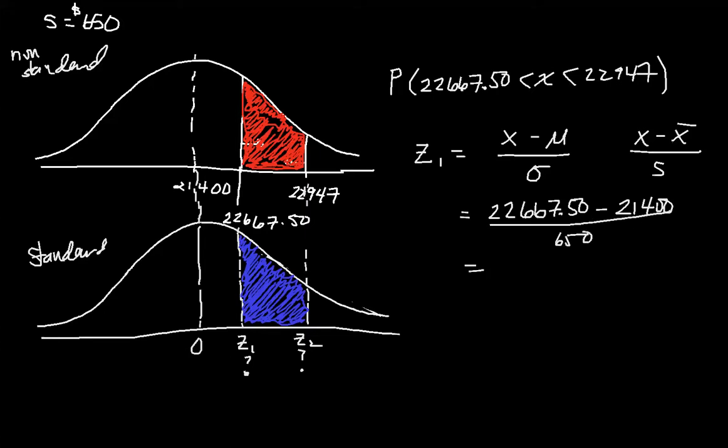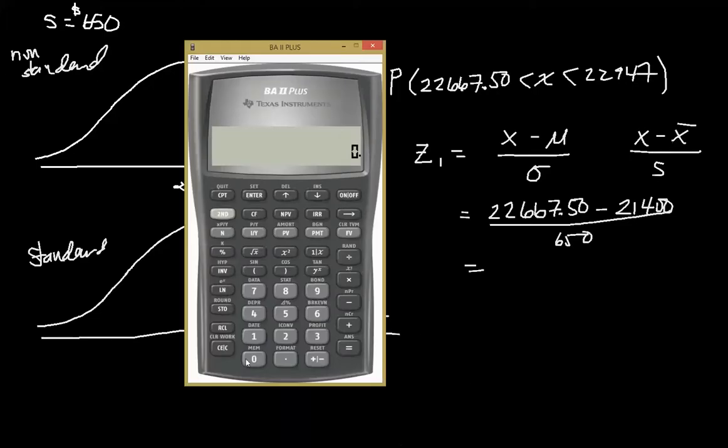Now I'm going to bring my calculator up, and I see that 22,667.5 minus 21,400 equals, and divided by 650 equals 1.95.